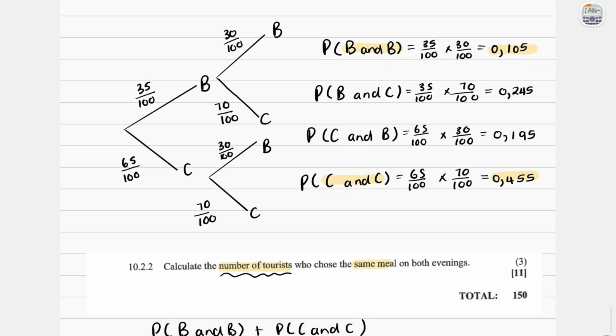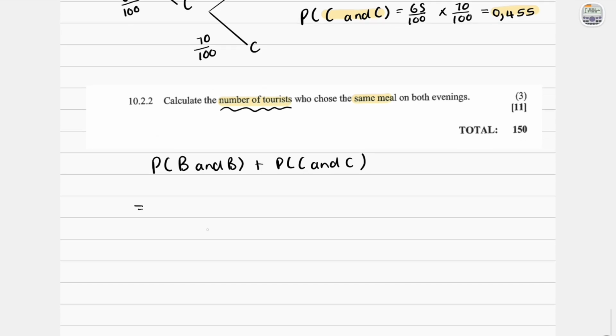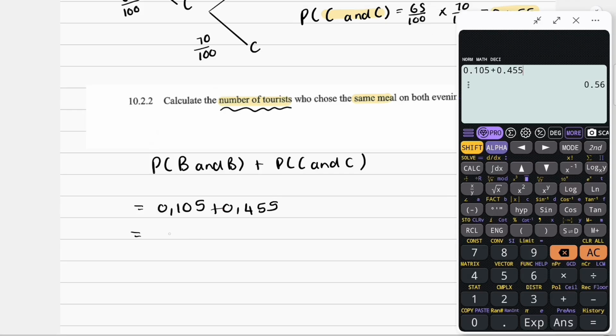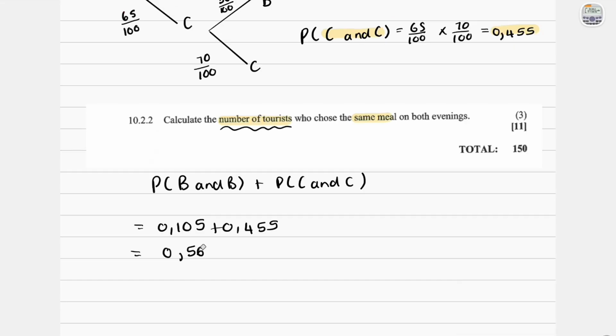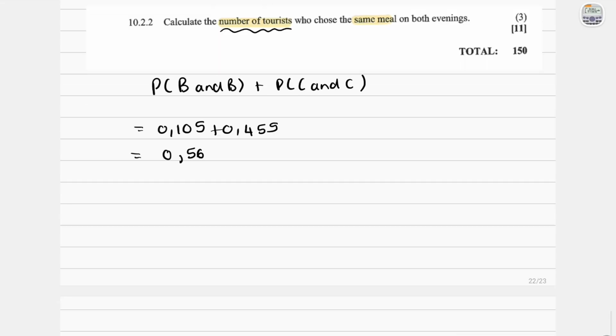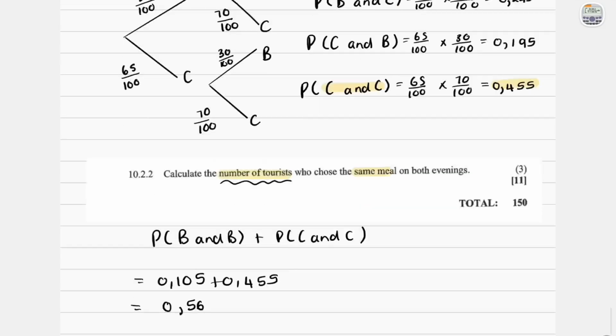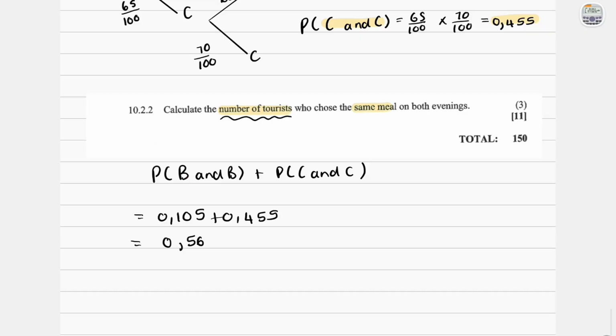So that is 0.105 plus 0.455. Let's see what we get. That gives us 0.56. So this is the probability, but then they want the number of tourists. If this is the probability that tourists will have the same meal on both evenings, then remember, it's a probability, so it's over the total number of tourists.